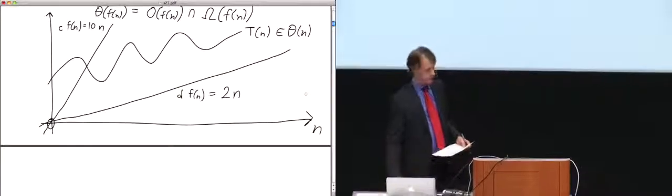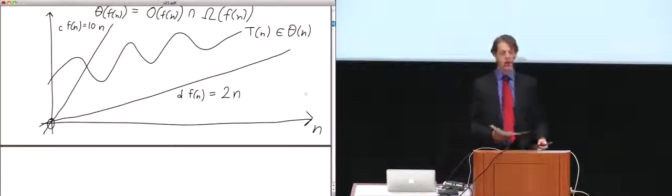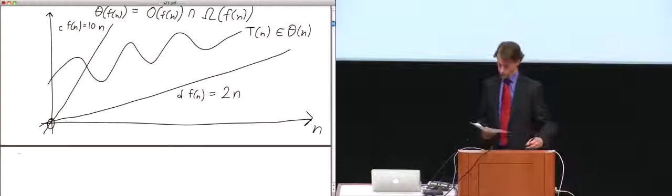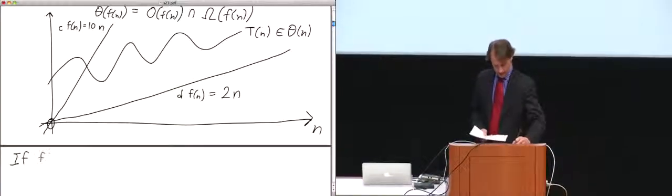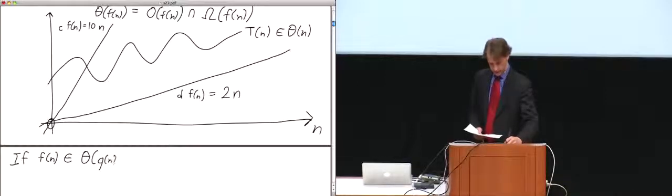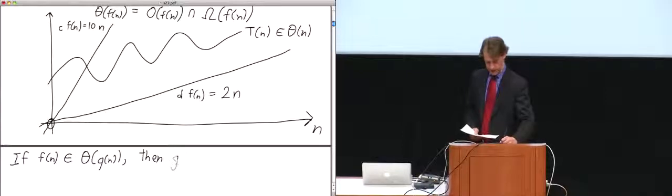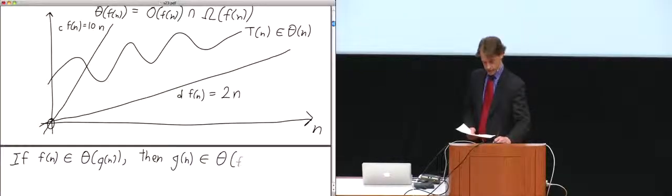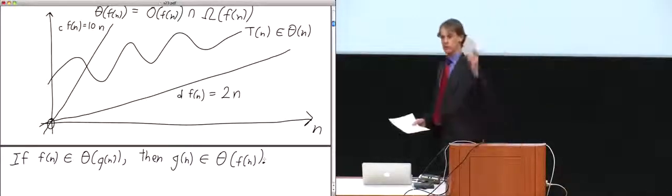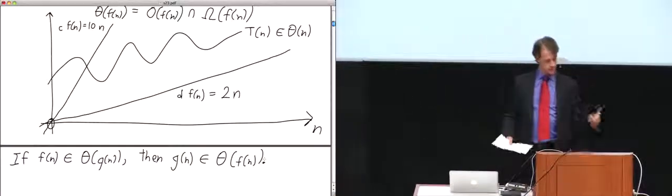So a few other useful bits of information. One is that theta is symmetric. And what I mean by that is if you have a function f of n that's in theta of some other function g of n, then it works both ways. g of n is in theta of f of n. So we call that symmetry.